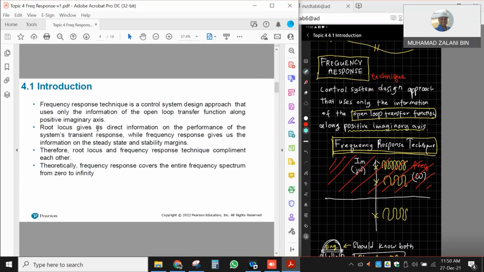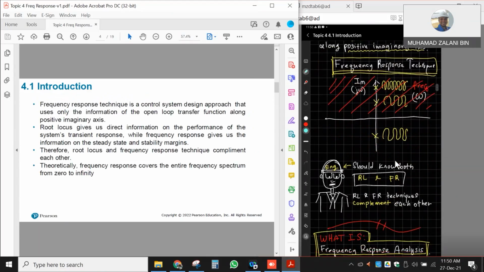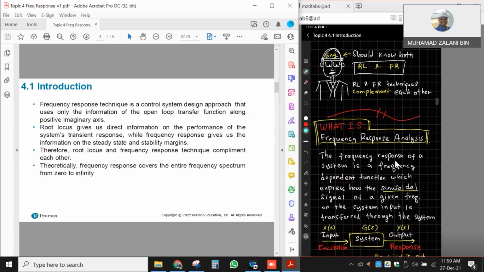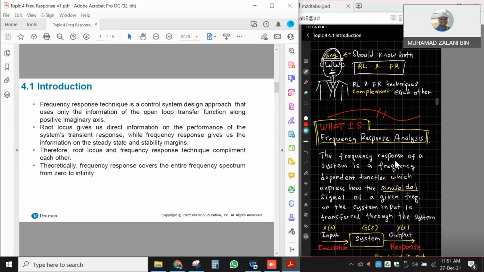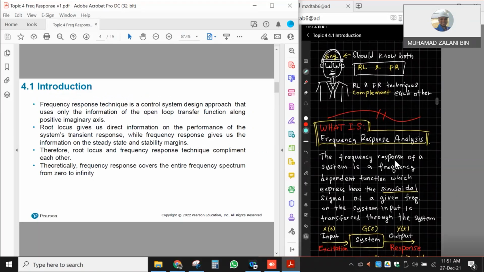As an engineer, you should know both the root locus and the frequency response technique, because these two techniques cover different things. Root locus covers more of the properties of the transient, but the frequency response covers the steady state and stability margins of the system's performance.